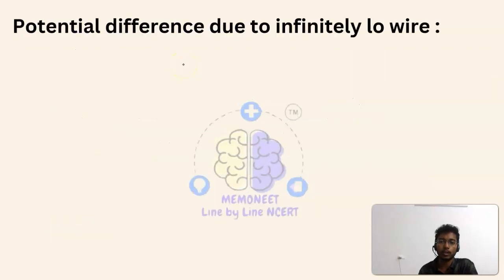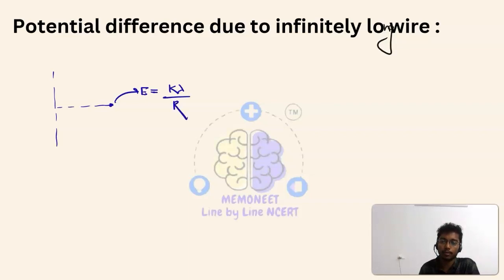Potential difference due to a long wire. This is the long wire, and we know that the electric field can be written as E equals k lambda upon r. Let's say we are taking the perpendicular distance from the point as x, so E equals k lambda upon x times sine theta 1 plus sine theta 2.